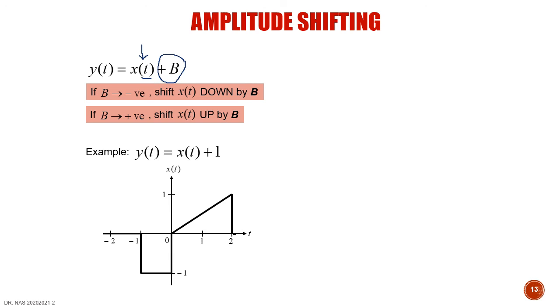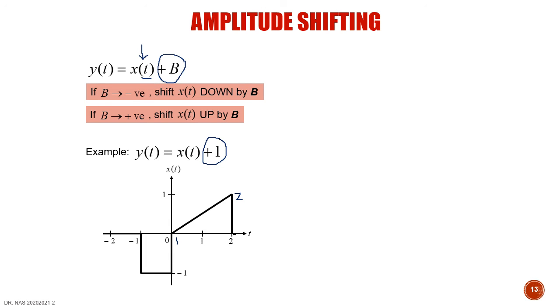Right, so this is the original signal. So what happens when you have amplitude being shifted up? It is not scaled up, it is being shifted up by 1. So the original amplitude 1, now the new amplitude becomes 2. The original amplitude at point 0, now the new amplitude at point 1.